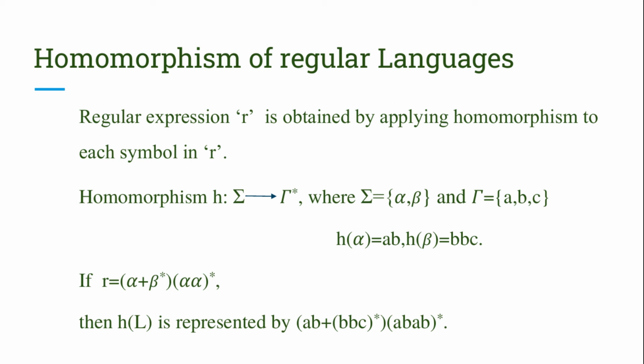The function h is given by h of alpha equals ab and h of beta equals bbc. If regular expression R equals (alpha plus beta star) into (alpha alpha) whole star, then h of L is given by (ab plus bbc) whole star into (ab) whole star.